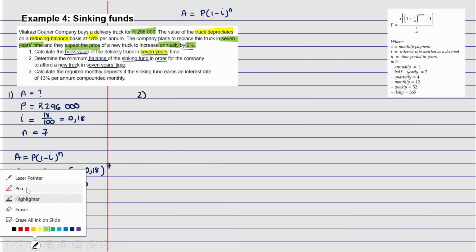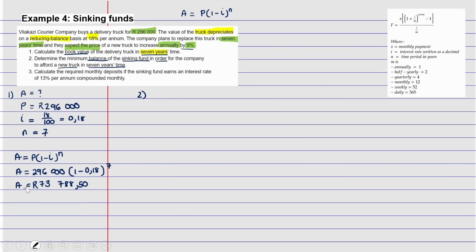So we're going to use the compound interest formula here. A is equal to P, because we're looking for the future value of the new truck. So it's P times (1 plus i) to the power n. Here we're looking for A again. What was missing?